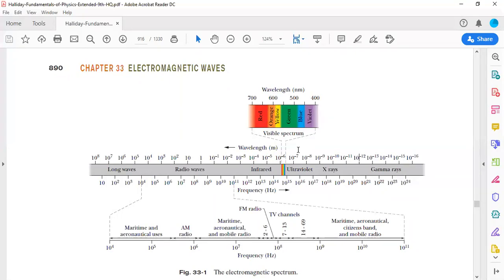So before going into detail to understand the material, we must understand the electromagnetic spectrum. Suppose you are given a technique and you have to study some properties of your material or liquid or any lubricant material, and you are using infrared radiation.